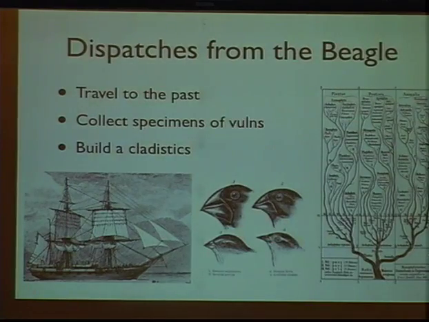So the way we're going to do this is we're going to travel to the past, just like the Beagle, and collect specimens of famous bugs and show that, in fact, those bugs were caused by a shotgun approach to parsing.